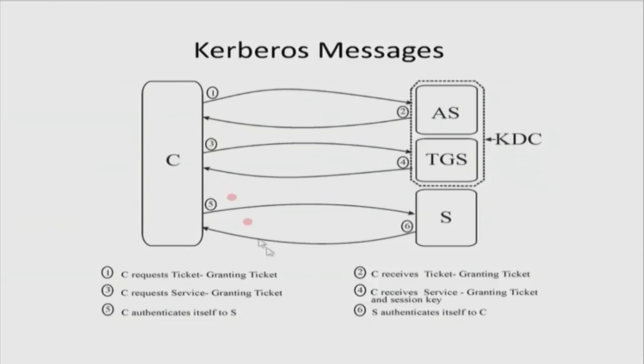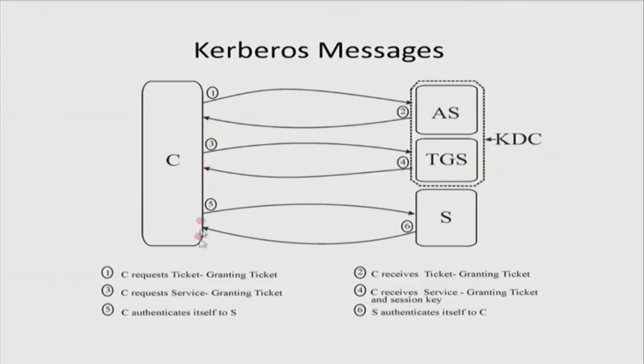Now the client continues its work. At some point in time, it needs the services of some server. So what does it do? It goes to the TGS for that purpose. So only a one-time interaction with the AS, and thereafter you might go again and again and again to this guy to request multiple services.